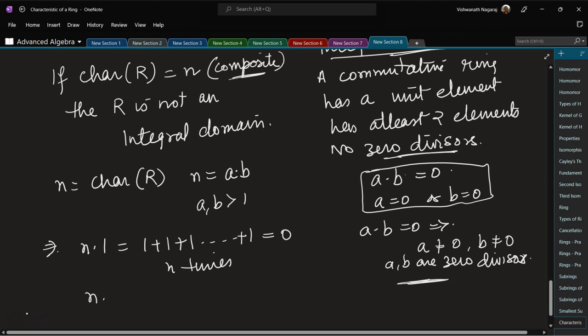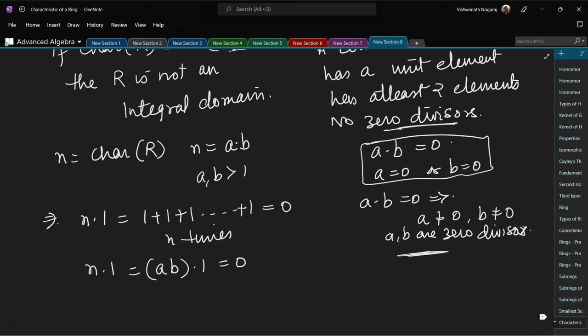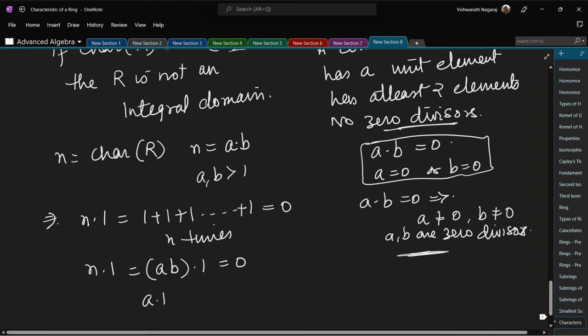Or we can say n times 1 is equal to, now let's replace n with A times B, so AB times 1 is equal to 0. We have just replaced n with AB because we said n is a composite number. Now, this can be written as A times 1 and B times 1 equal to 0.